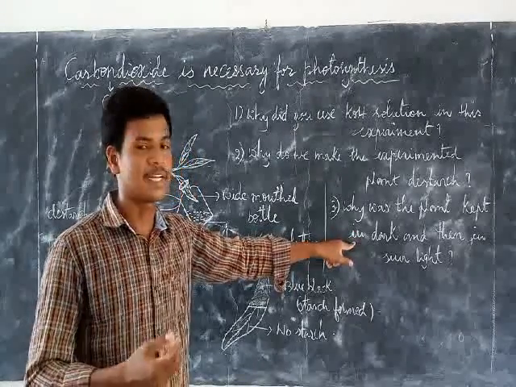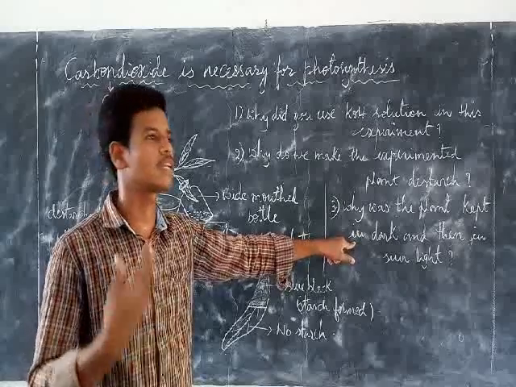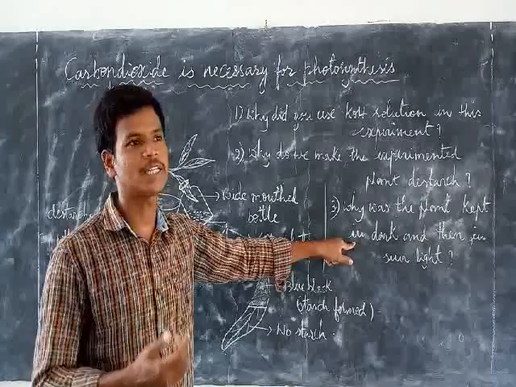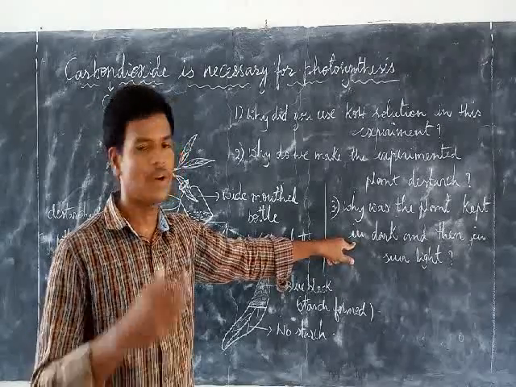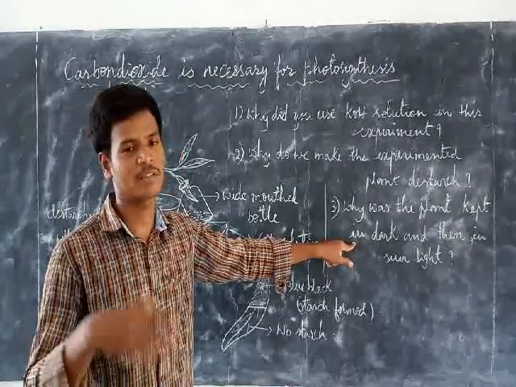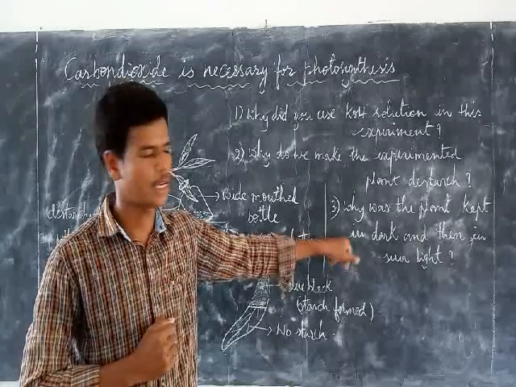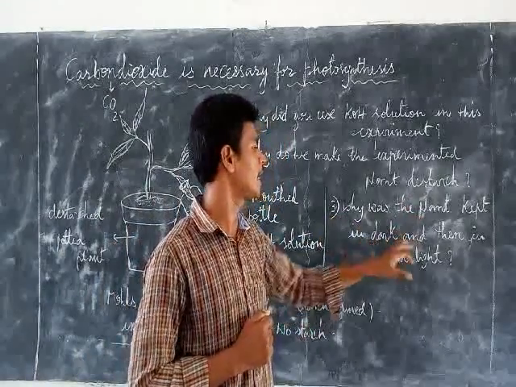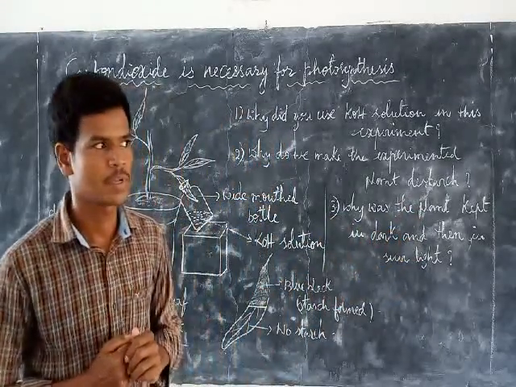After that activity, we need to collect that destarched plant for the next process. Why was the plant kept in dark and then in sunlight?